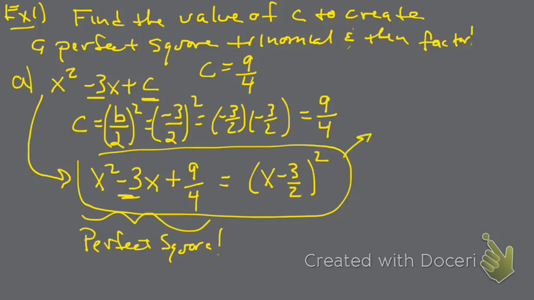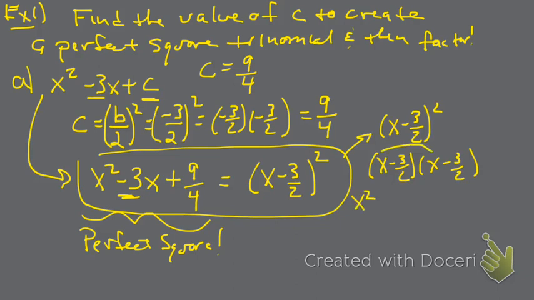By the way, for those of you who are skeptical that these are in fact equivalent, let's check by foiling it out. If I have x minus 3/2 squared, remember that really means x minus 3/2 multiplied to itself, right? If I go ahead and multiply that out, I have x times x to get x squared. X times -3/2, that's -3/2x. The inner terms make another -3/2x.